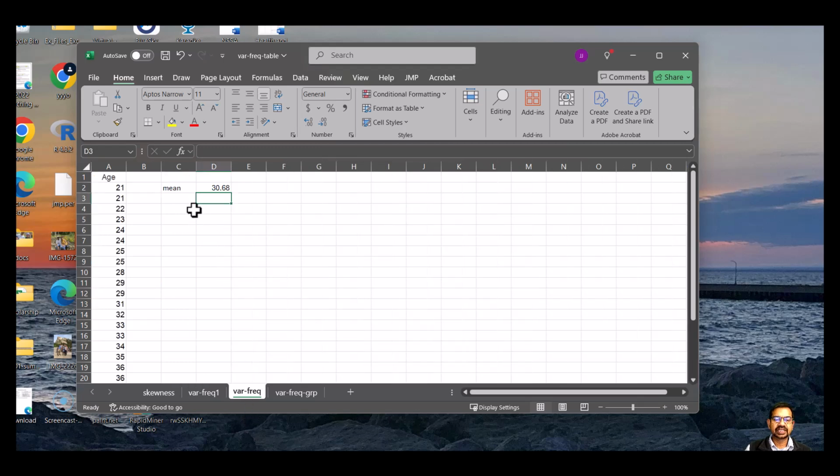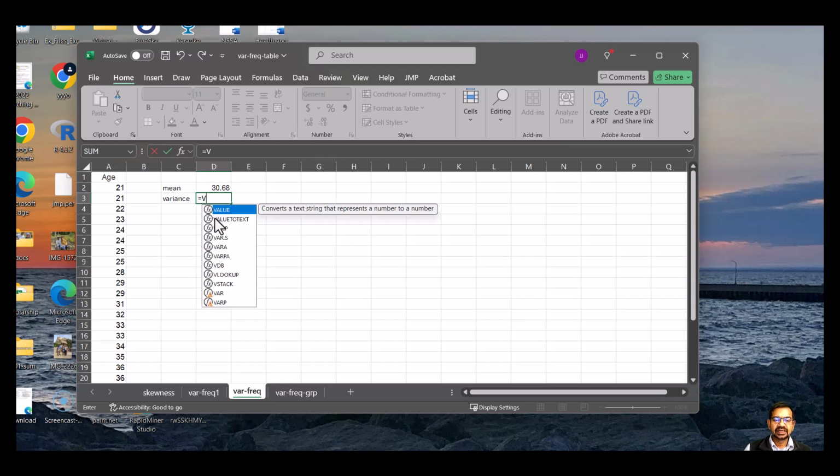And then we can also calculate this variance. We're assuming this is the sample, so we will do VAR.S. There are two variances, VAR.P for population and VAR.S for sample.